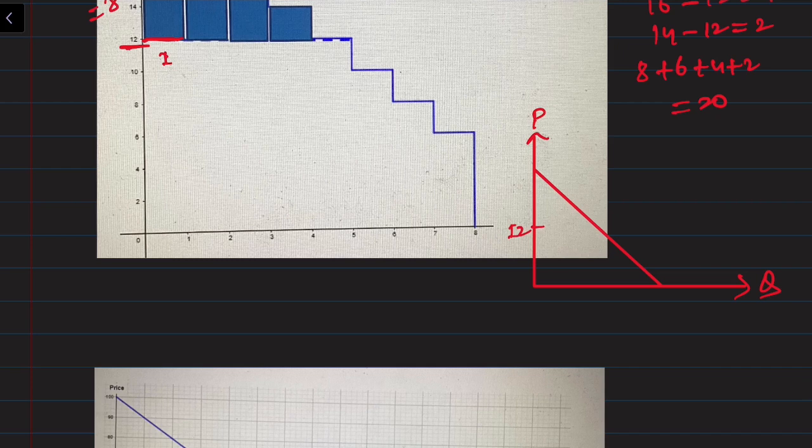The consumer surplus is the area above the price level and below the demand curve. So this is the area of consumer surplus.